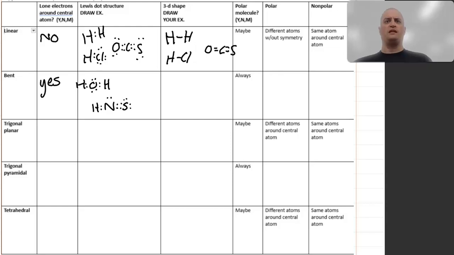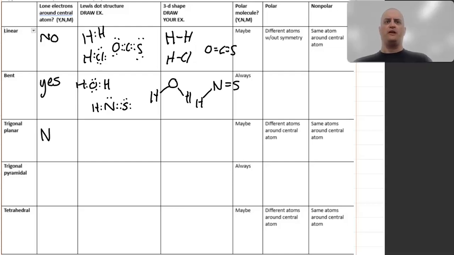But when it comes to the 3D structures, we need to show these actually bent at an angle. So the idea is that this is showing water, and our nitrogen, we could maybe have a straight pair here, but we'd have an angle for this hydrogen as well. So this is showing that it is angular or bent.